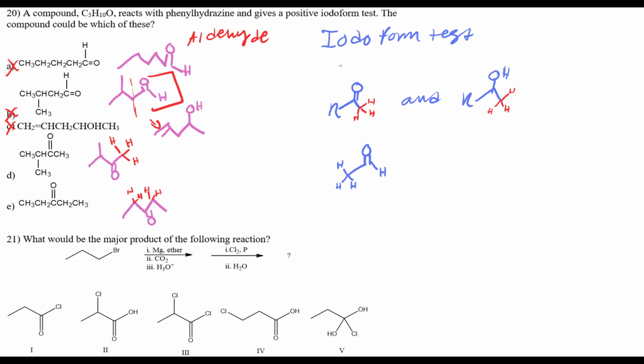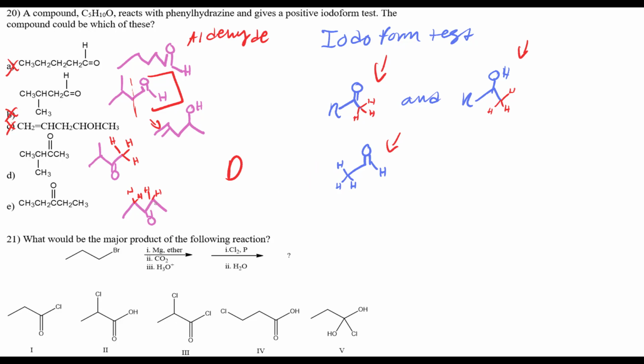So again, the iodoform test only works for ketones that have 1 carbon on the other side of it, okay? So it works for this guy, it works for alcohols, and it works only for acetaldehyde, okay? And methyl ketone, whatever that is. So the answer choice is D.